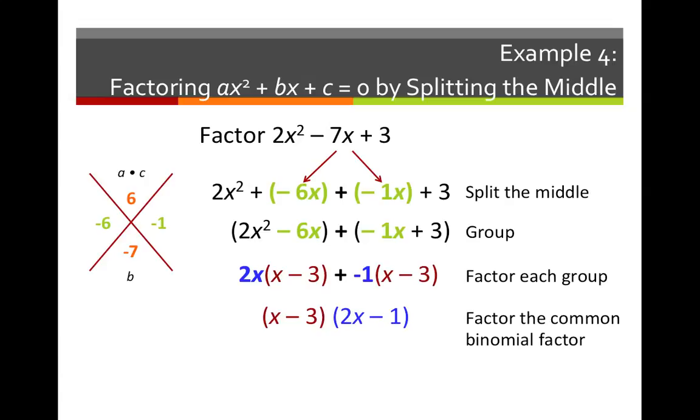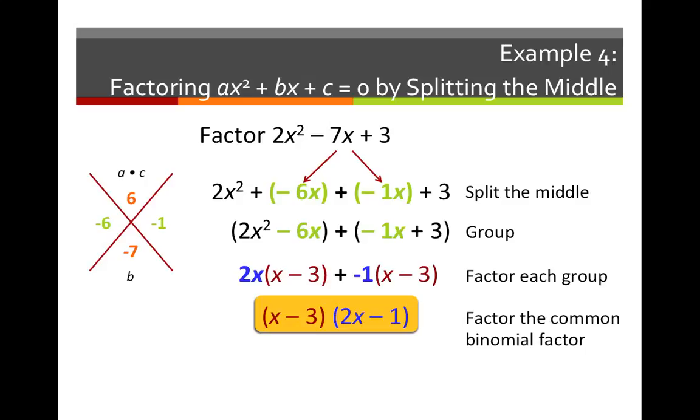So x minus 3 was now the common factor in both terms. So x minus 3 gets factored out. It goes out in front just like the numbers did before. And then the 2x and the minus 1 get put together in our second factor. So the factors of this particular expression are x minus 3 times 2x minus 1.